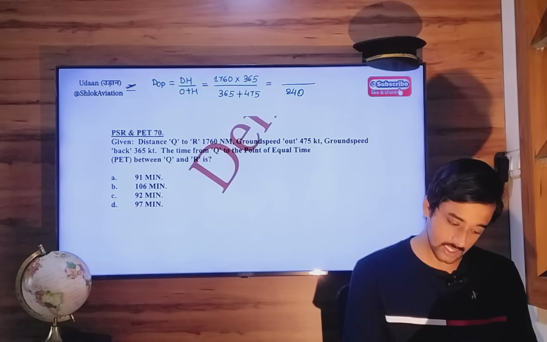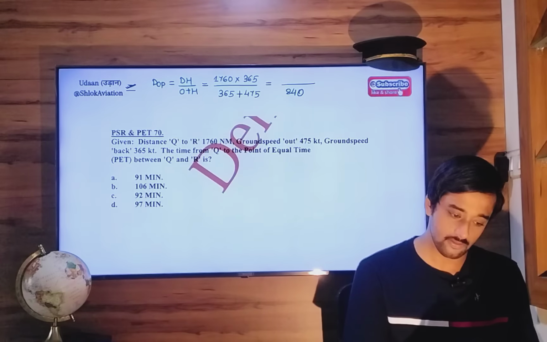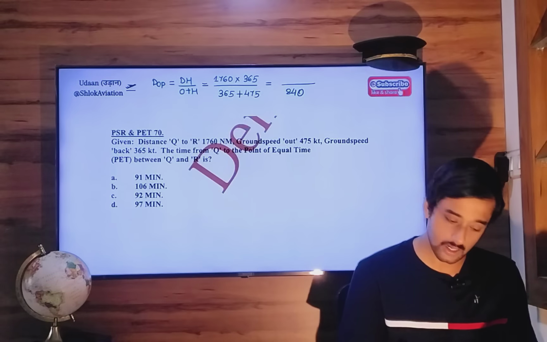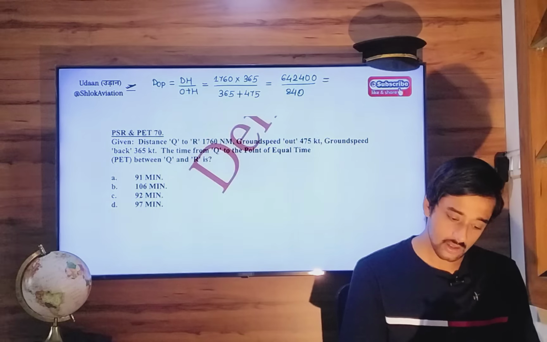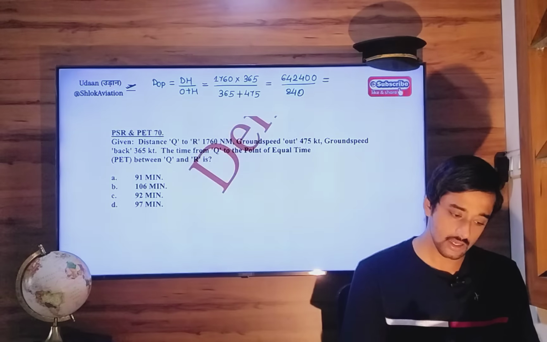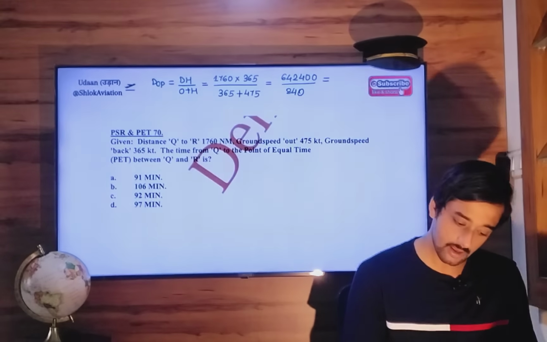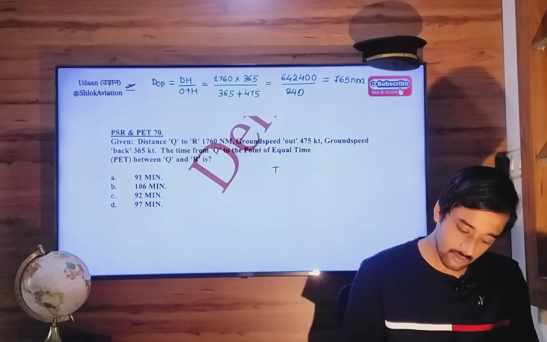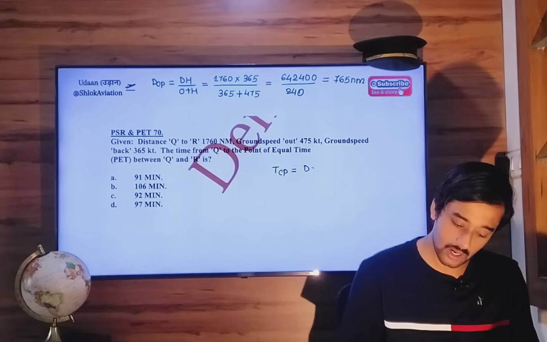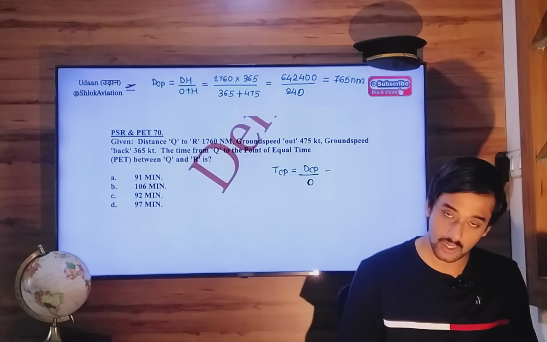Numerator 1760 into 365, 642400. 642400 divided by 840 is 764.7, that is 765 nautical miles. Time to critical point will be distance to critical point divided by outbound speed.